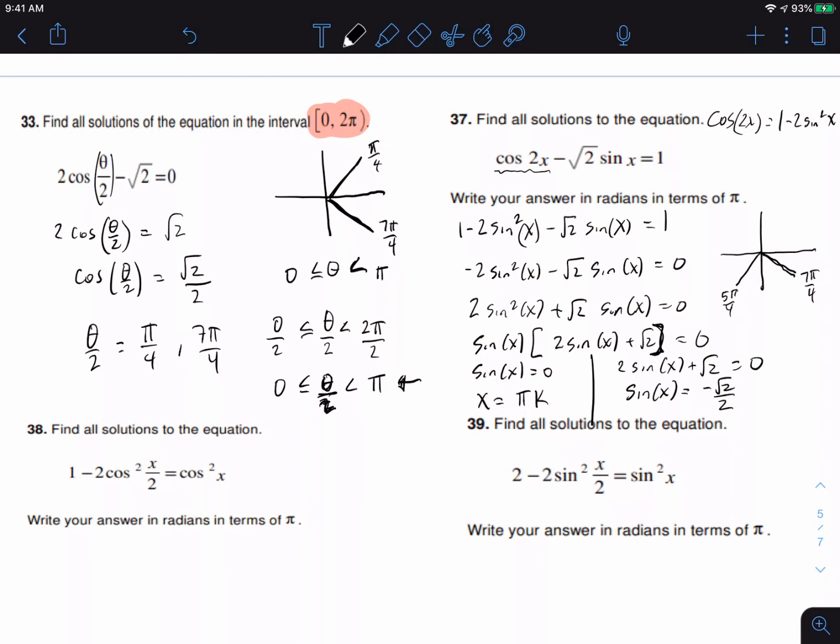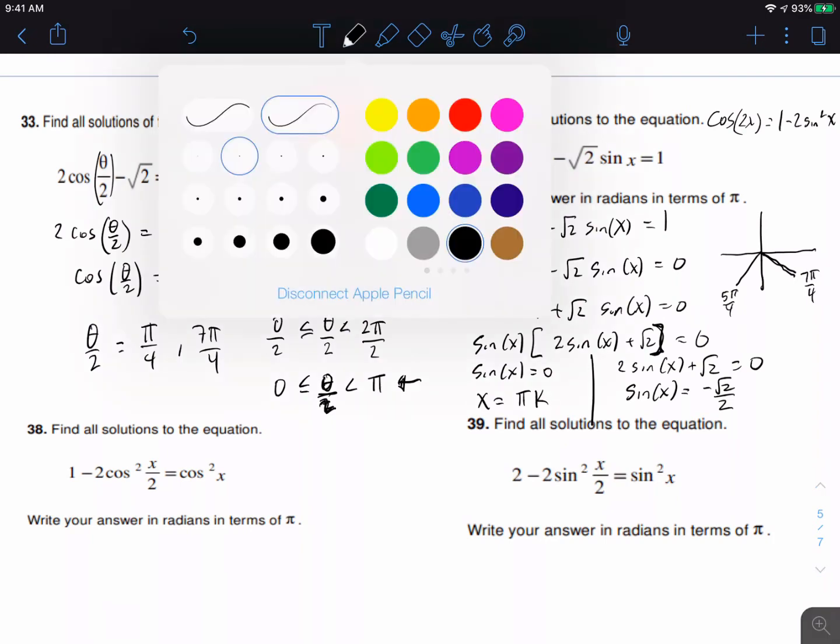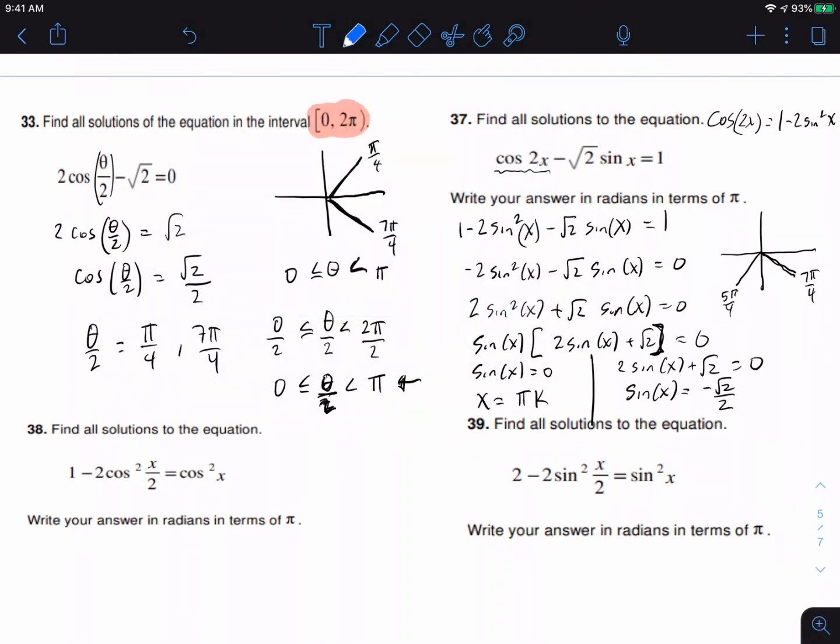But I can't do clean rotations around, so I'm going to have two answers there, correct? So I'll write it here in a different color so you can see it. So then x is equal to 5 pi over 4 plus 2 pi k, and x is equal to 7 pi over 4 plus 2 pi k. So how many answers do we have for this problem?